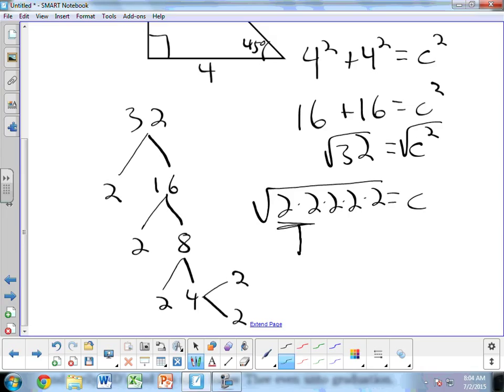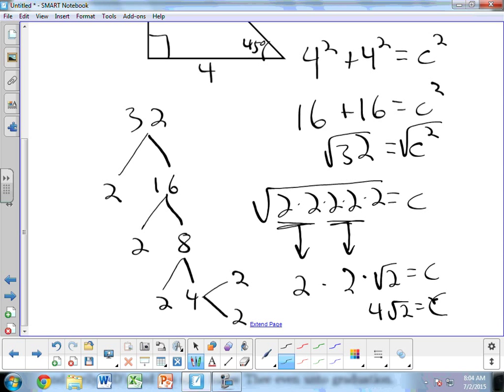So these two 2's drop down and become a 2 because it's the square root of 4, which is 2. These 2's become a 4. The square root of 4 is 2. And this last one is the square root of 2, which is c. So our final answer says that c is 4 square roots of 2.